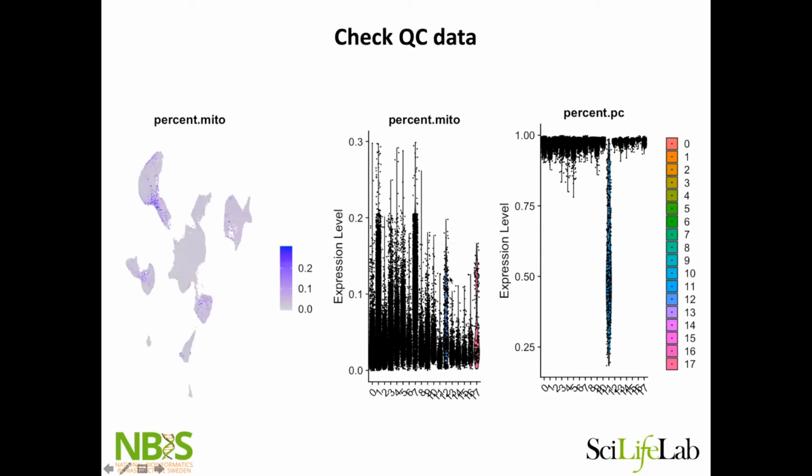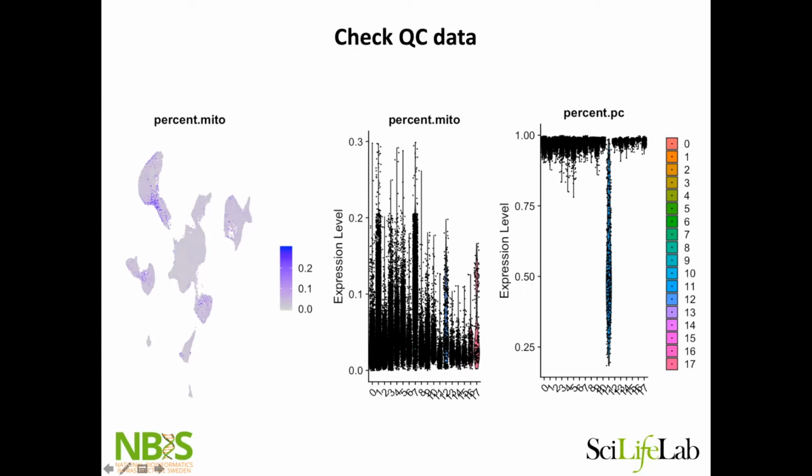Here is one example from a project. The first round of clustering I did, you see, here is percent protein coding genes that are detected. For instance, you have one really problematic cluster here. You have some clusters with very high mitochondrial content.